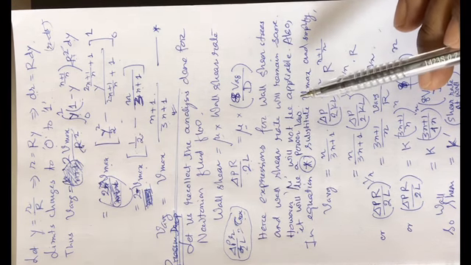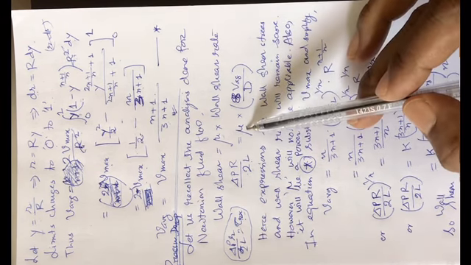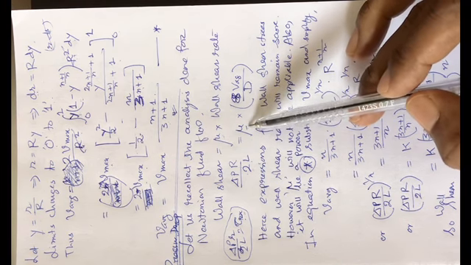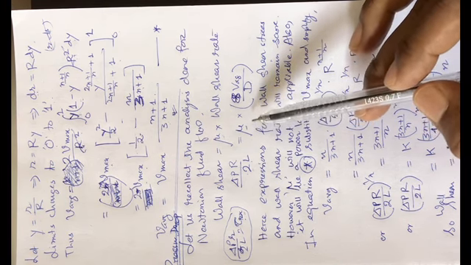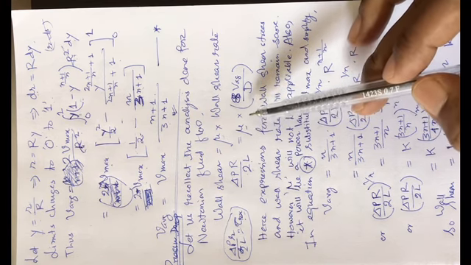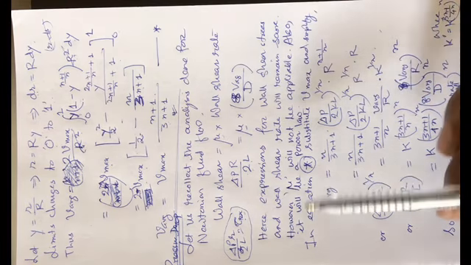There is nothing called mu in the case of non-Newtonian fluid. We have got k and n. So can we just directly use k here, or should it be k multiplied by some more things? That we are going to see.